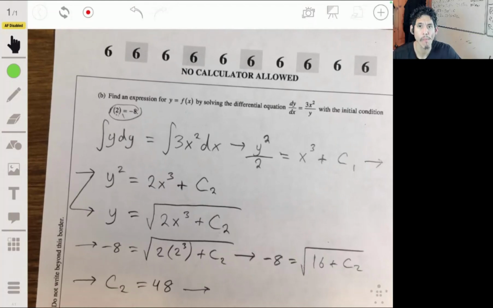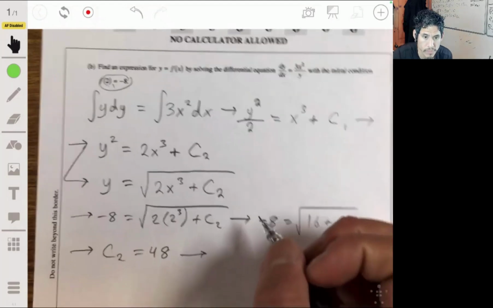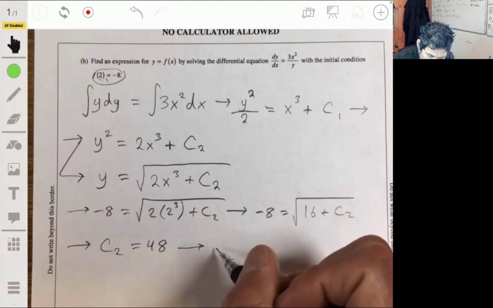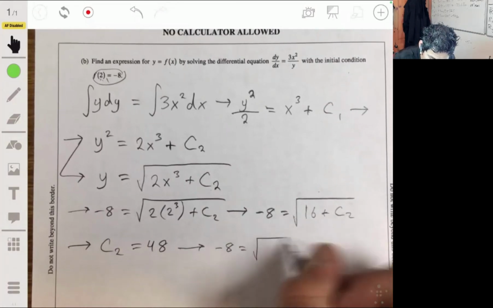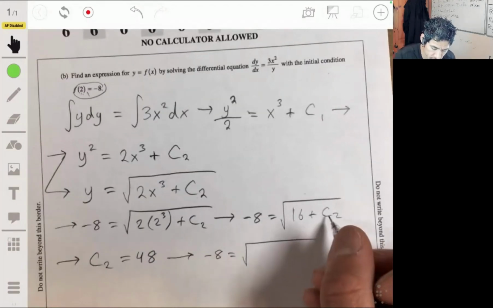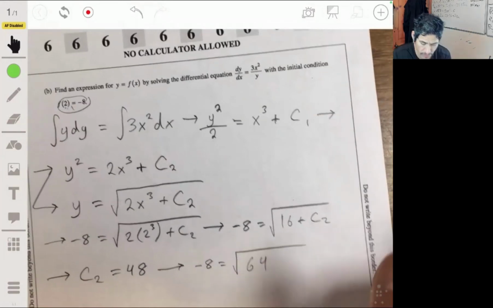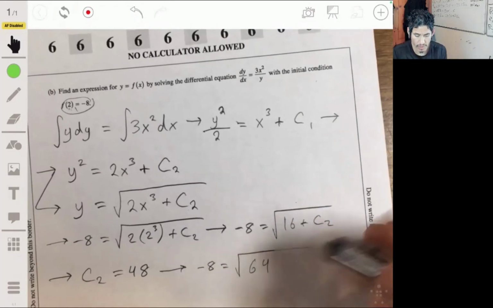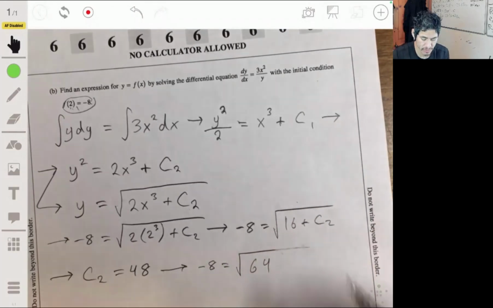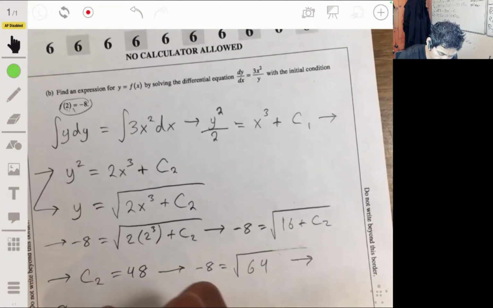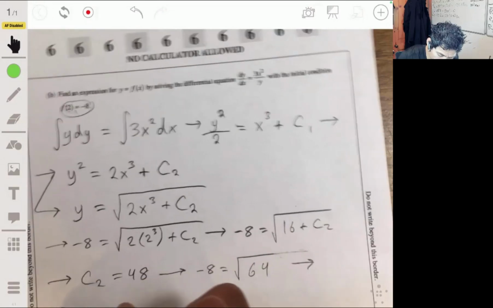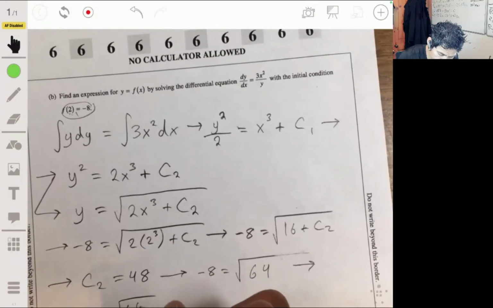And now reevaluating, we'll have -8 equals the square root of 16 plus 48, or the square root of 64. And we know the square root of 64 can't be negative, so we put that negative on the right side, because -8 can be equal to the negative square root of 64.